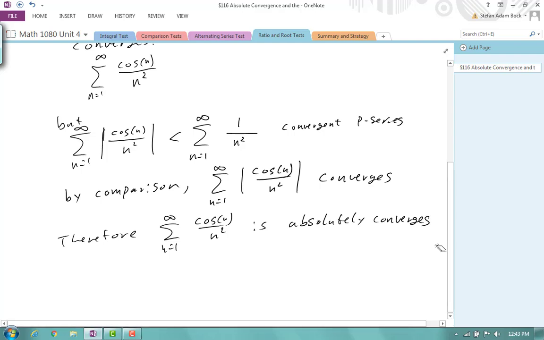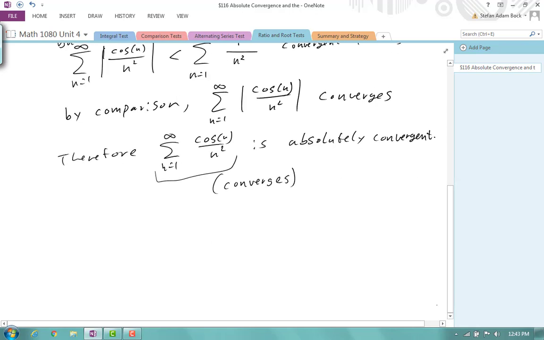Which is just a little bit better than regular convergent. And in case I wasn't clear about it, this does mean that the original series does converge, but it converges even better.